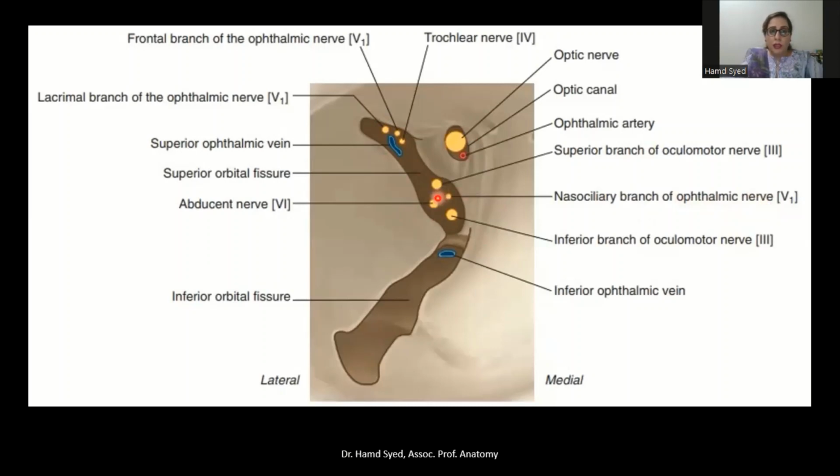And then we have the abducens, which is the sixth cranial nerve, and we also have the trochlear, that is the fourth cranial nerve, and the superior and inferior branches of the oculomotor or third cranial nerve, and the superior ophthalmic vein. These are all the structures passing through the superior orbital fissure. Through the inferior orbital fissure passes the inferior ophthalmic vein, whereas the optic canal is the pathway of the optic nerve and the ophthalmic artery.